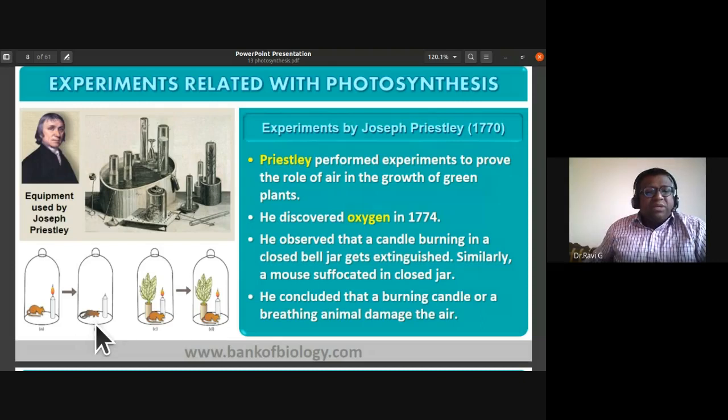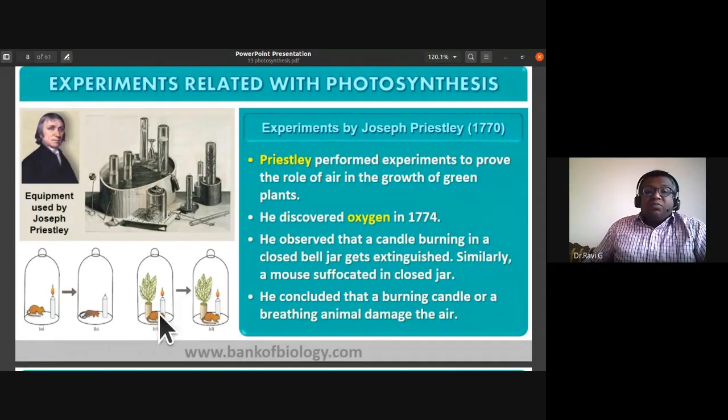In the next bell jar experiment, he had the same illuminated candle, the rat, and a healthy potted plant, and he used this bell jar. The bell jar is transparent. He noticed that the candle flame remained illuminated for a long time. It did not get exhausted, and the rat also remained alive.